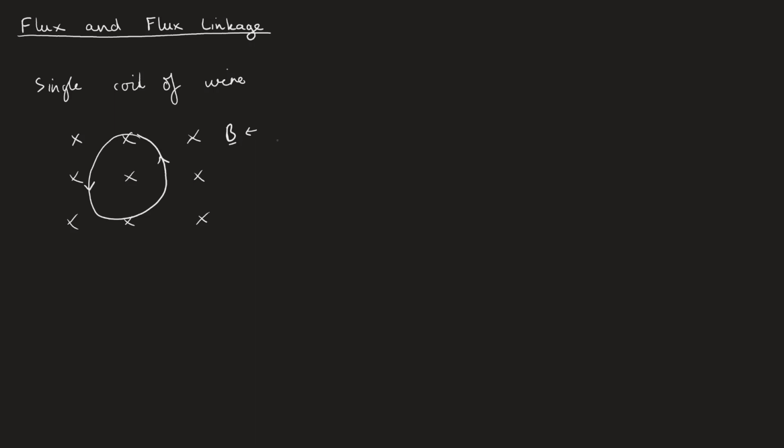So B is the magnetic flux density, which we said we could also refer to as the magnetic field strength. Now, we know this word density from materials is per unit volume. The density of a regular thing is mass over volume.